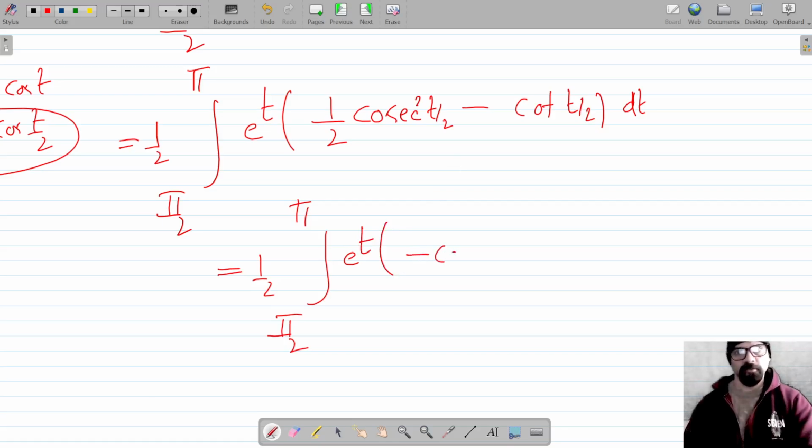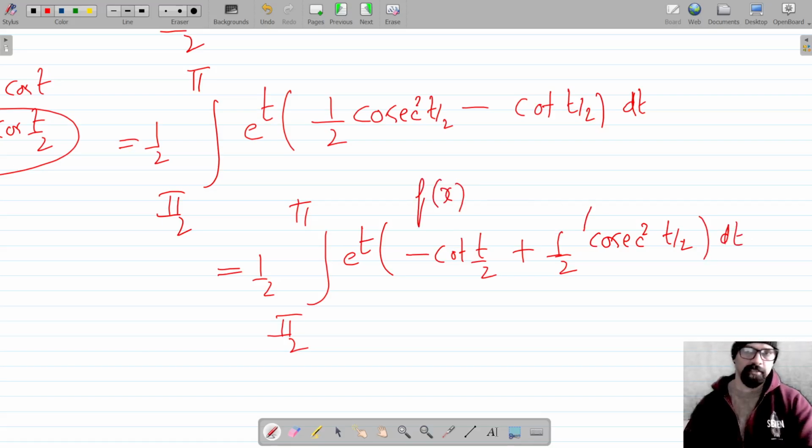So this is cot t by 2 plus half cosecant square t by 2 into dt. Now this is our function and this is its differentiation.